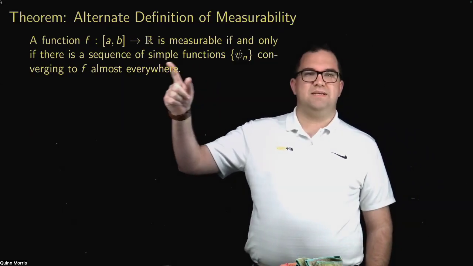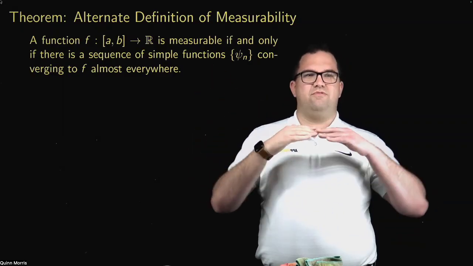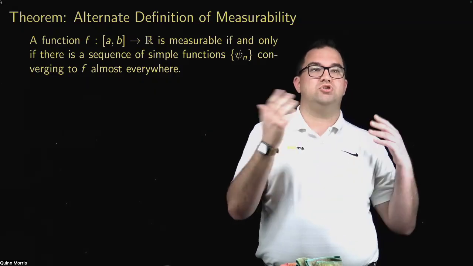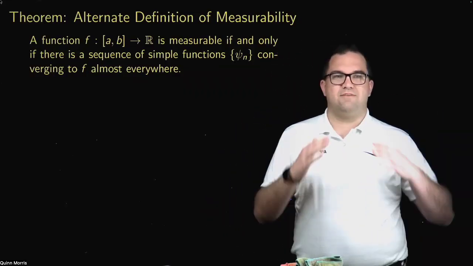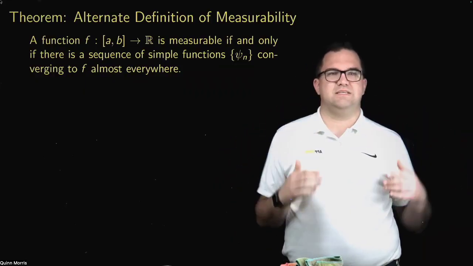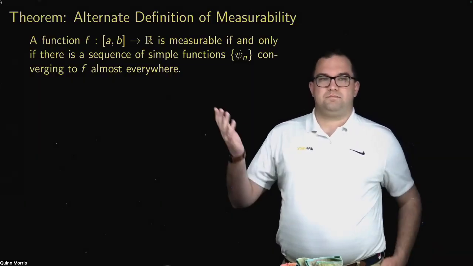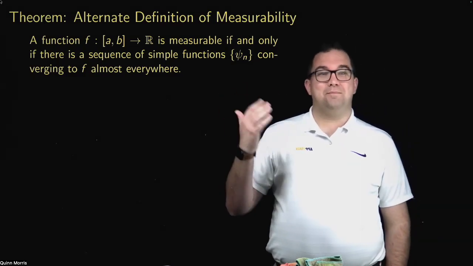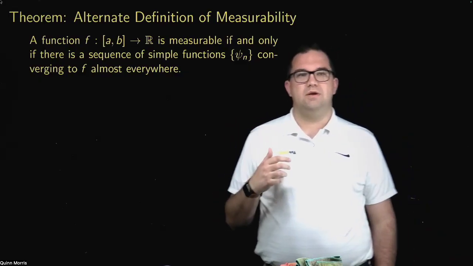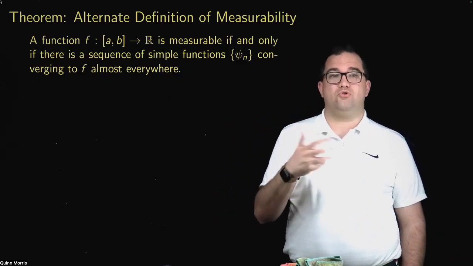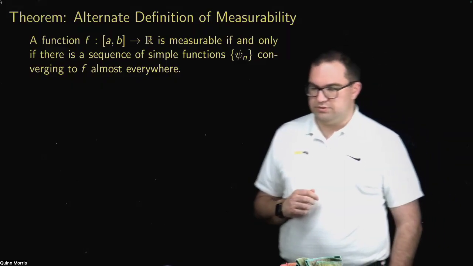Since there has to be a sequence of simple functions converging to f almost everywhere, I can find a simple function as close to any measurable function as I would like. If you give me a measurable function, I can find a simple function that pointwise is as close to f as you would like. Now, we'll see the importance of this theorem as we go on into Lebesgue integration. But this is just a really nice alternate characterization of measurable functions.